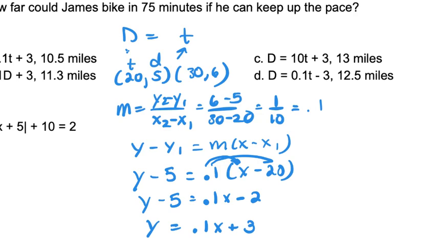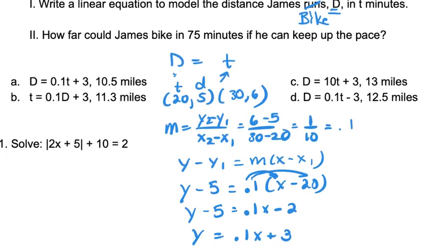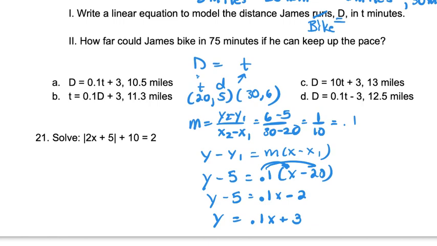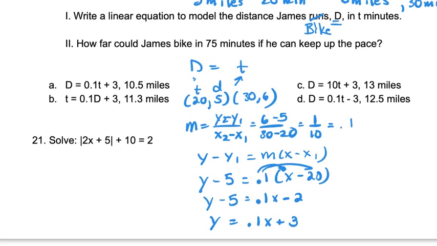And so now we can make a decision. If we look at our choices here, I know that it is this first one here. 0.1t plus 3. And apparently he goes 10.5 miles if he uses 75 minutes. Now we'd have to be really careful here.